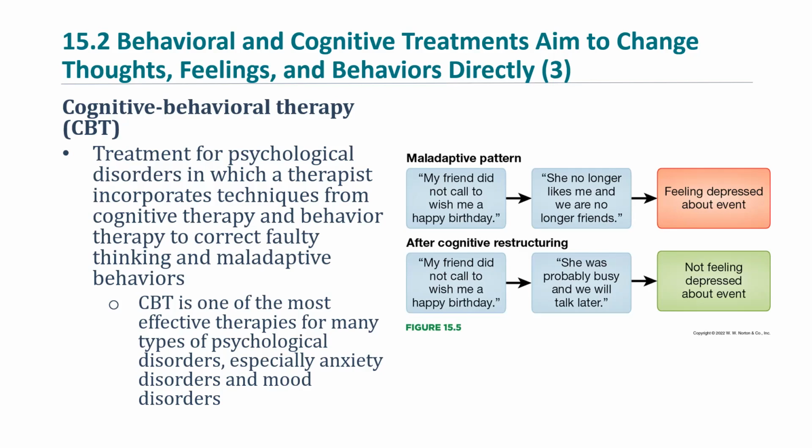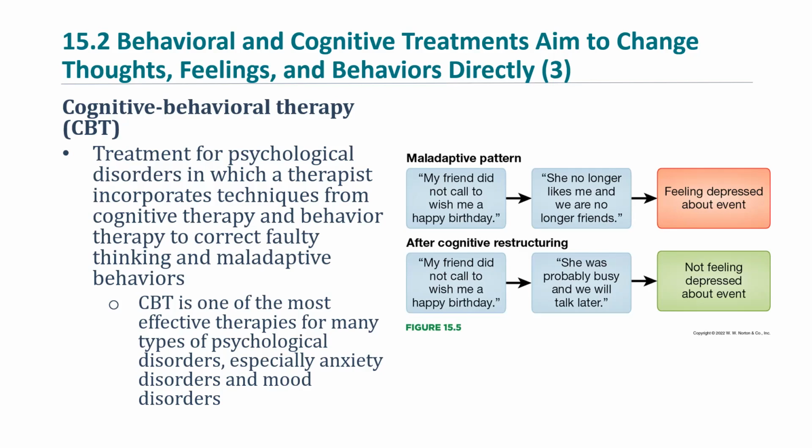Cognitive behavioral therapy is a treatment for psychological disorders in which a therapist incorporates techniques from cognitive therapy and behavior therapy to correct faulty thinking and maladaptive behaviors. So cognitive behavior therapy is basically a combination of the last two therapies we've looked at: cognitive therapy to change thinking, and behavior therapy to change behaviors as well.